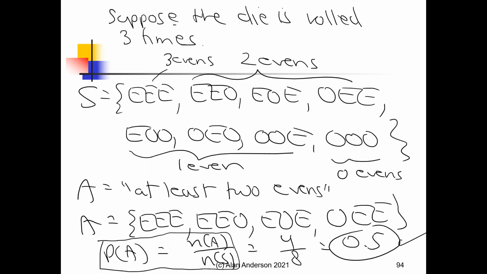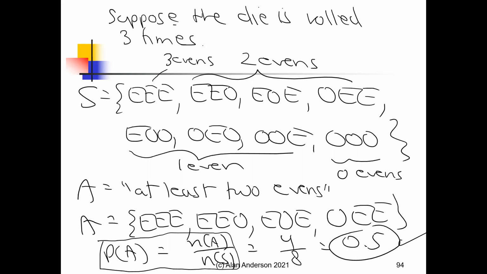And so if I wanted to know the probability of getting at least 2 evens, what I'm basically looking for is all the cases where I have either 2 E's or 3. And if you just go through and count them, you'll see that there's 4 ways that can happen out of 8 equally likely outcomes. And so I end up with 1/2. 4/8 is 1/2.